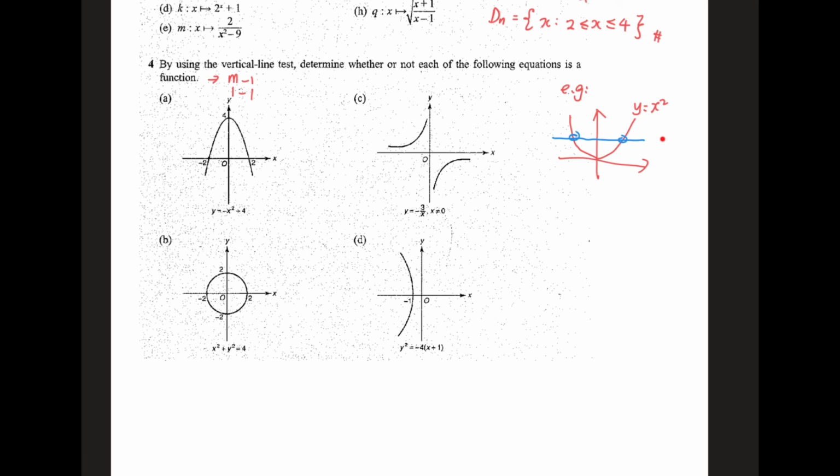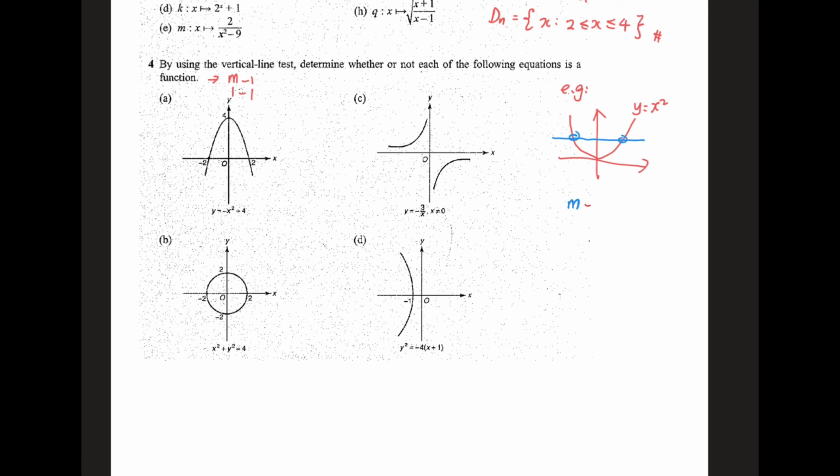This horizontal line test represents the first part of the relation, which means it will determine whether it's many or 1 at the first part. If there is 1 intersection point, then it's 1 at the first part. If there are more than 1 intersection points, as in here, it represents many for the first part of the relation. So this is many.